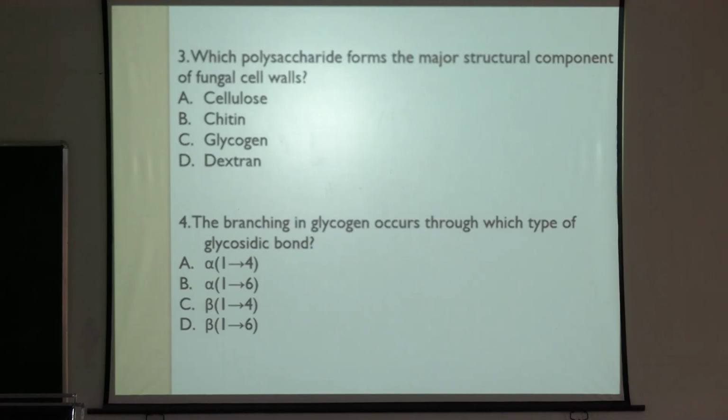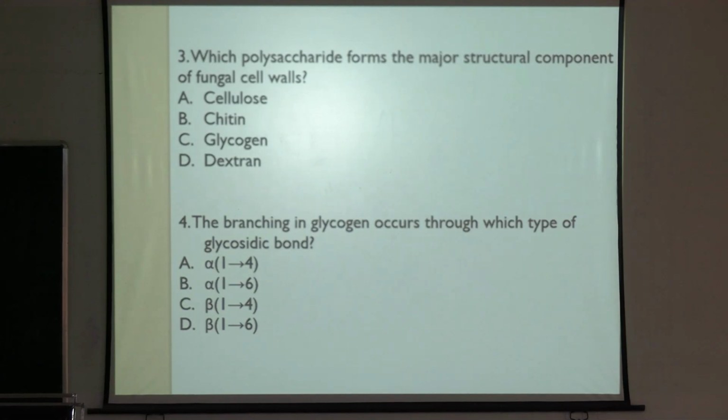Next. Which polysaccharide forms the major structural component of fungal cell walls? Fungal cell wall, not insects. Chitin. Okay. Branching in glycogen occurs through which type of glycosidic bond?